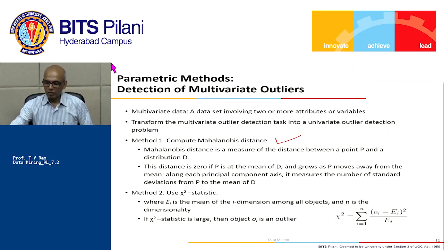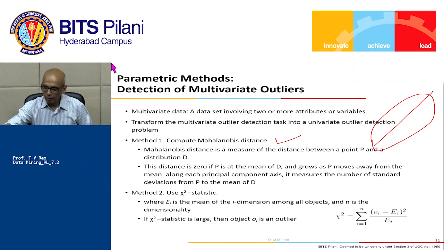So in case we get a distribution of points along a particular principal axis, then it normalizes the points so that along this direction it provides a higher range compared to along this direction. Thereby it is going to help you find outliers for a multivariate.